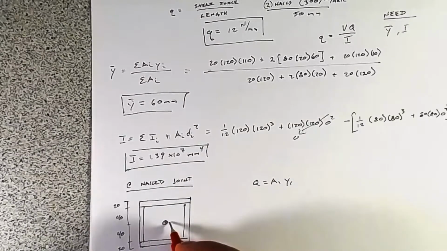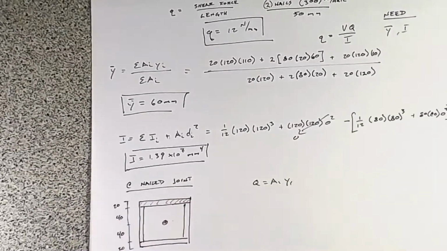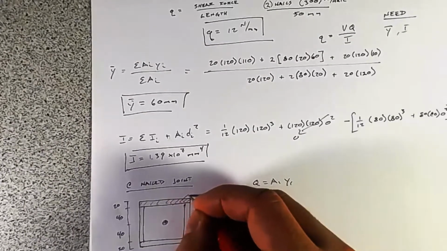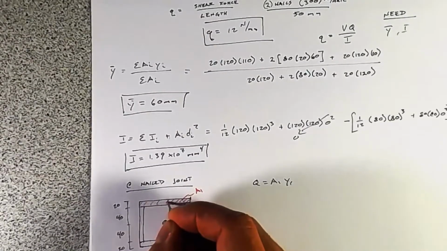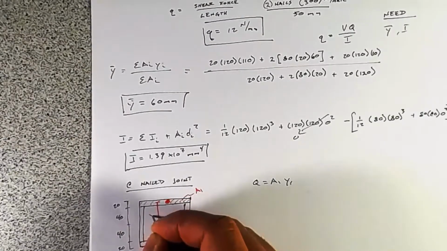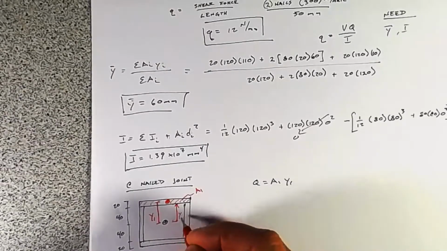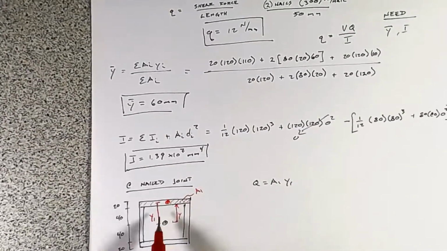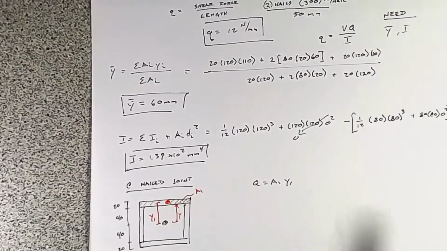So that's going to be with our distance y to the bottom there. This top flange is going to be A1, and y1 is the distance between the centroid of A1 and the centroid of the section.